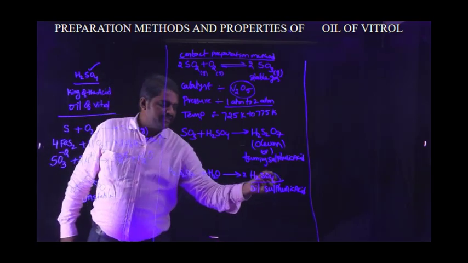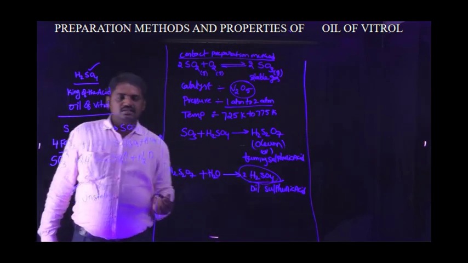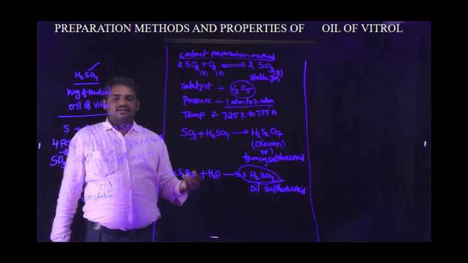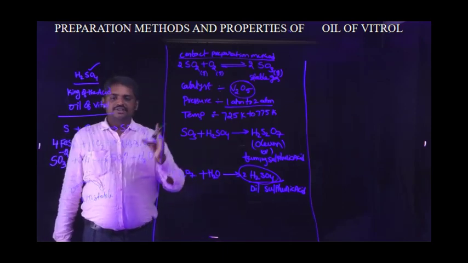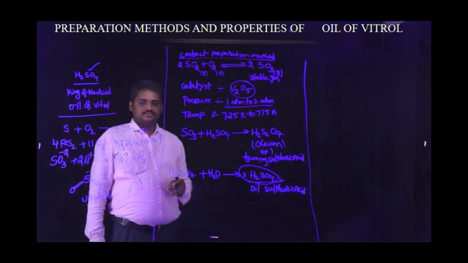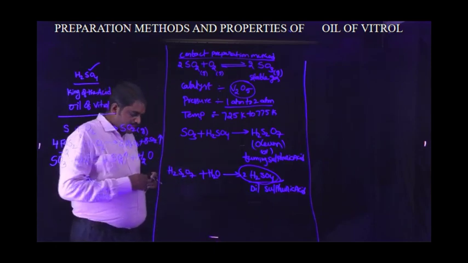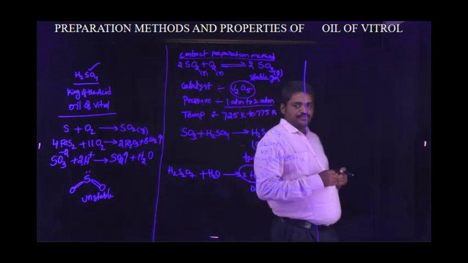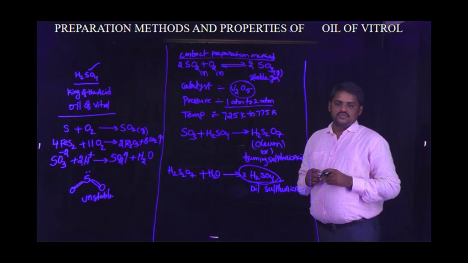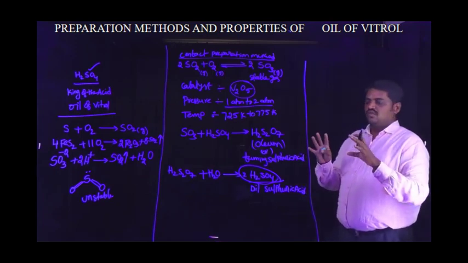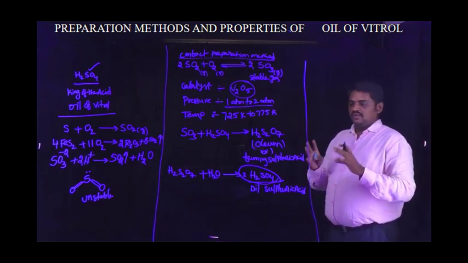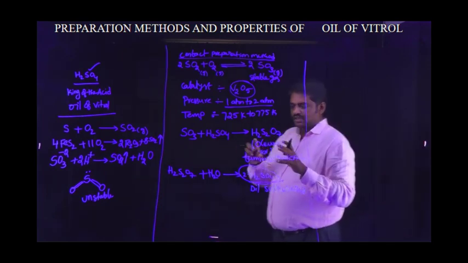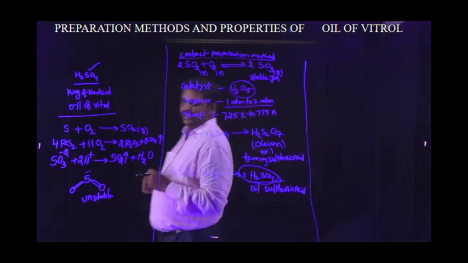So this acid's name is oil of vitriol, or sulfuric acid, or king of the acids. This is the preparation method for sulfuric acid. Okay. Sulfuric acid is a colorless, oily liquid.